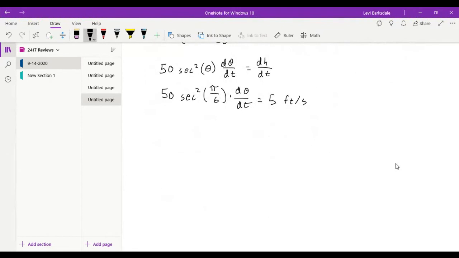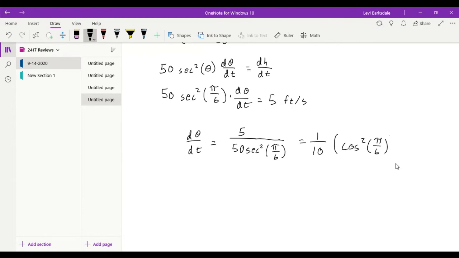So then this becomes d theta over dt is equivalent to 5 over 50 secant squared pi over 6, which is equal to 1 over 10 times 1 over secant squared, and 1 over secant is cosine, so that's cosine squared pi over 6.